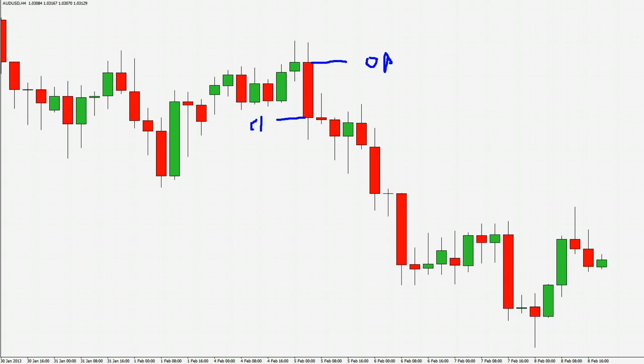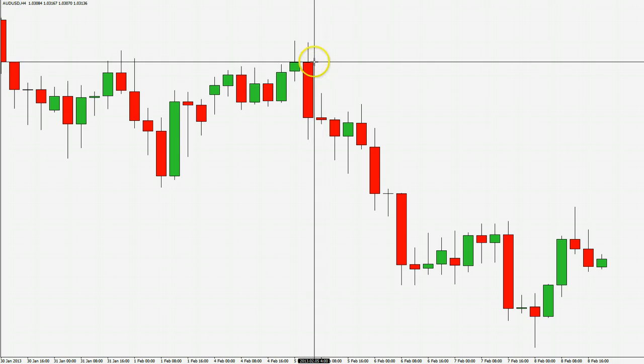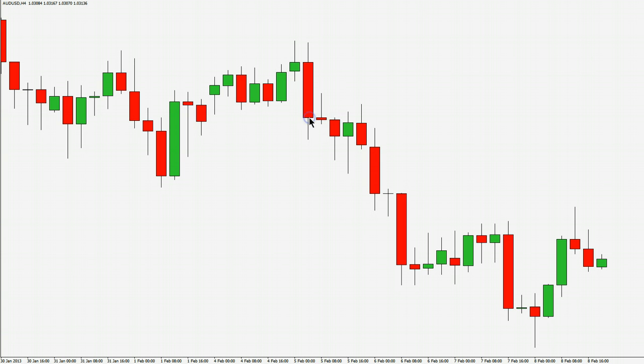And then let me go ahead and get my little cursor here to figure out exactly where we're at. You can see that in this particular candle it moved 36 pips. From open to close it was 36 pips.